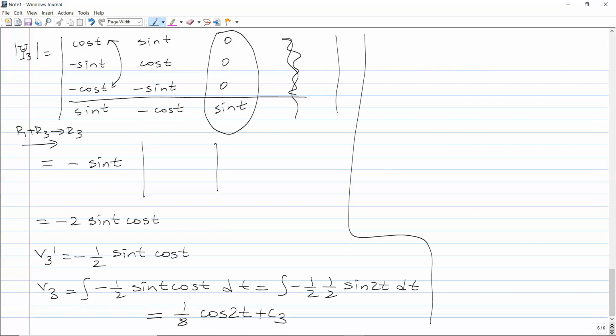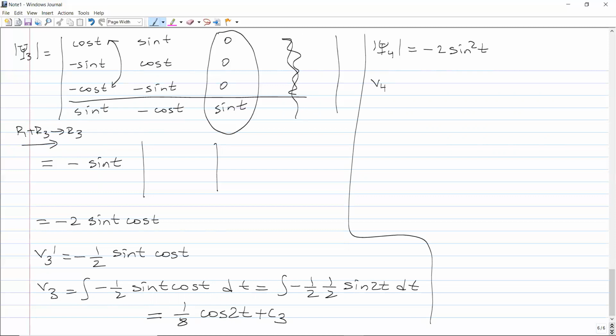And finally, with C4, you do the same operation. Now you take the last column of your fundamental matrix and replace it with 0, 0, 0, sine t. Apply the same operation to simplify, take the determinant. This determinant comes to minus 2 sine squared t.